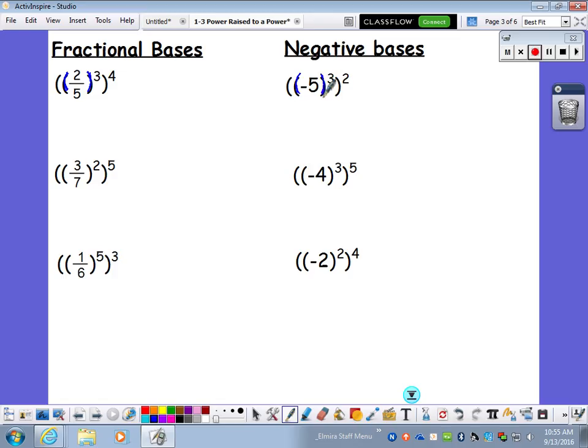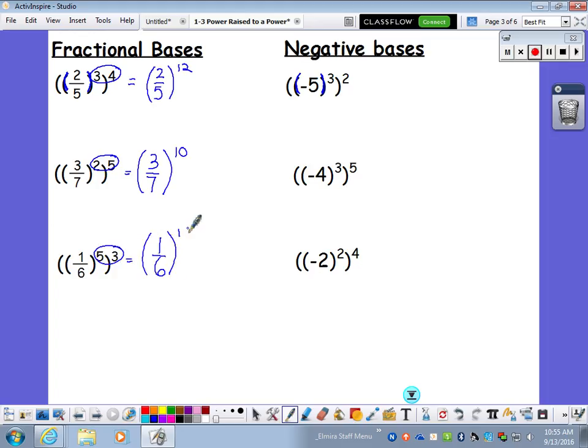So when we answer this, my 2/5 has to have parentheses because it's a fraction, but then 3 times 4 is 12. 3/7 has to have parentheses, and then 2 times 5 is 10. 1/6 has to have parentheses, and 5 times 3 is 15.